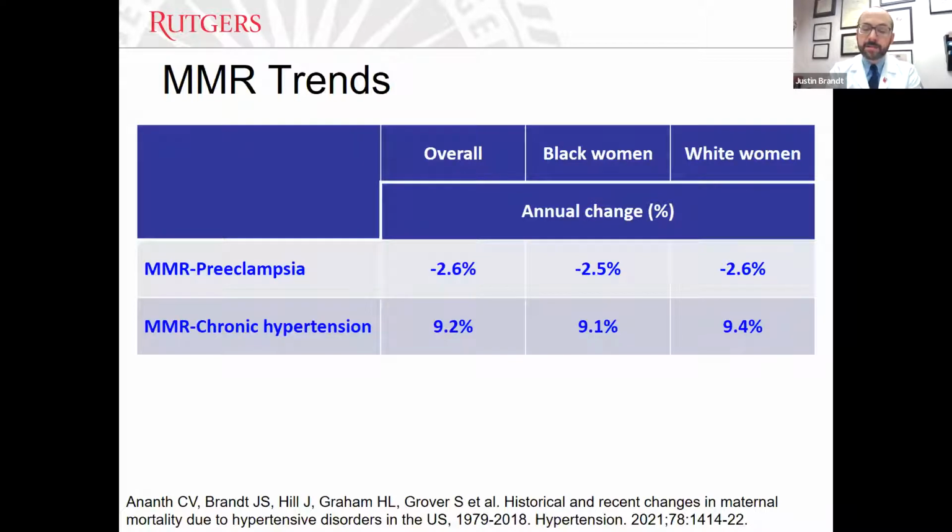And during the same time, we see an increase in MMRs associated with chronic hypertension. So here in this table, we see the annual change overall and for Black and white women, and broken down by preeclampsia and chronic hypertension. And what we see here is that we're doing better with preeclampsia, and we are not doing as well with chronic hypertension.